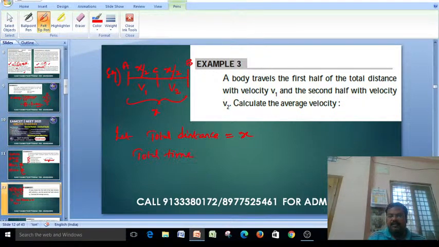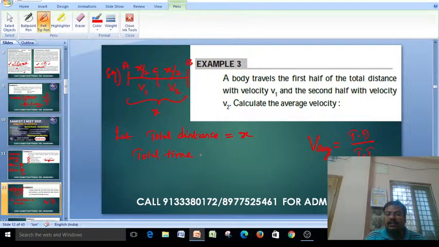Because I want to find the average velocity. Average velocity is equal to total displacement divided by total time taken. The total displacement is in a straight line, so I am considering distance or displacement as the same. So x divided by t.